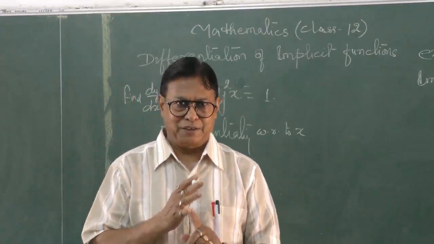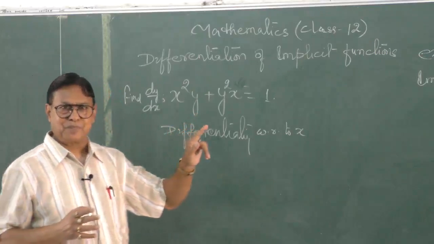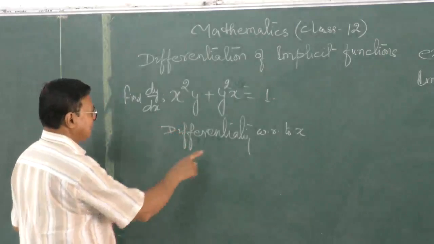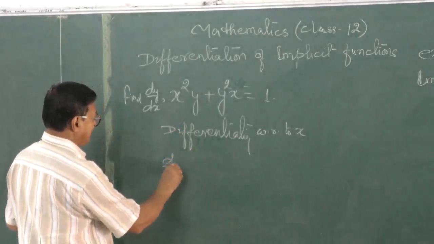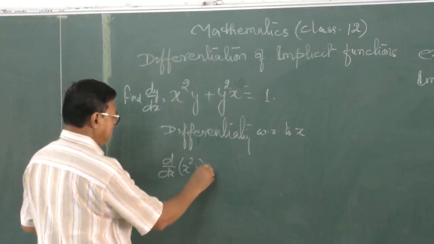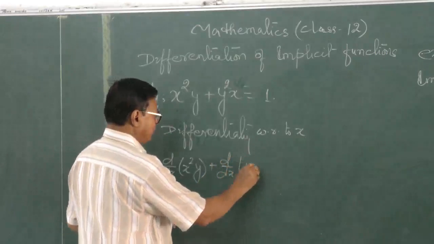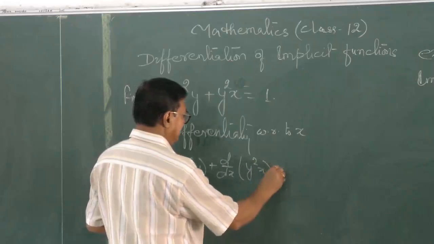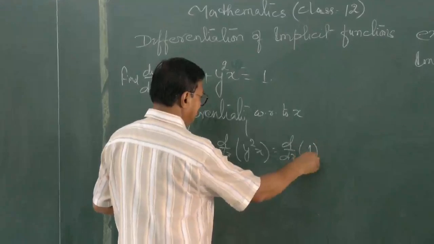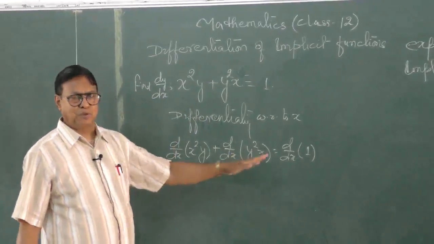Is that okay? Now, here if you look at the first one, it is a product of two functions. So, we follow the same rule as product. Differentiating with respect to x: differentiation of x square y plus differentiation of y square x is differentiation of 1. So, it is the sum of two or more terms, differentiation of two or more terms.